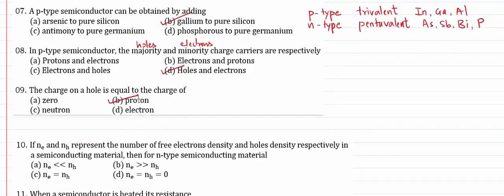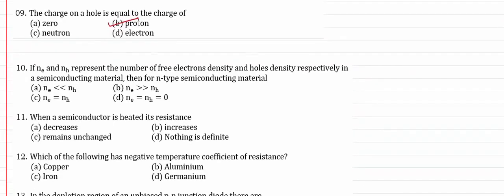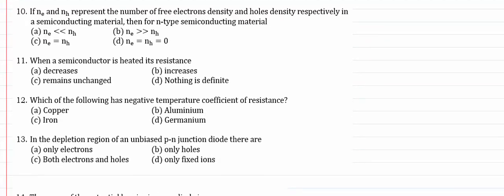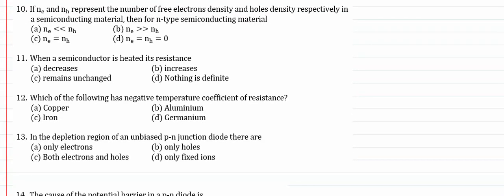Tenth, if Ne and NH represent number of free electron density and hole density respectively in a semiconductor for n-type semiconductor material. So for n-type, electrons are majority charge carriers, means density of electrons should be very much greater than density of holes.